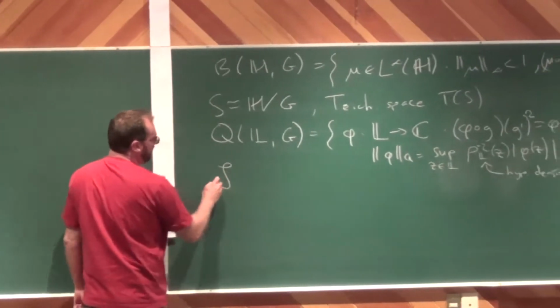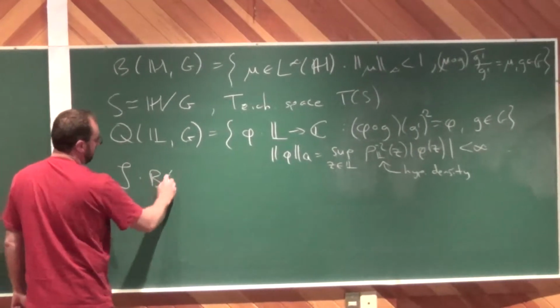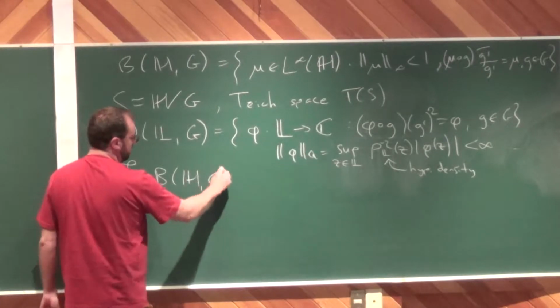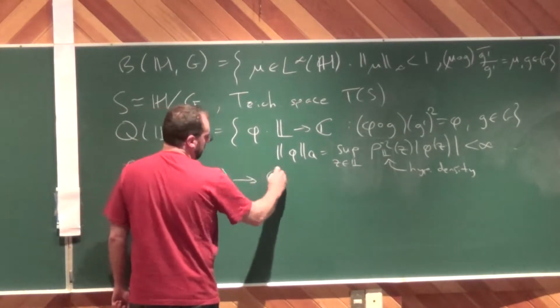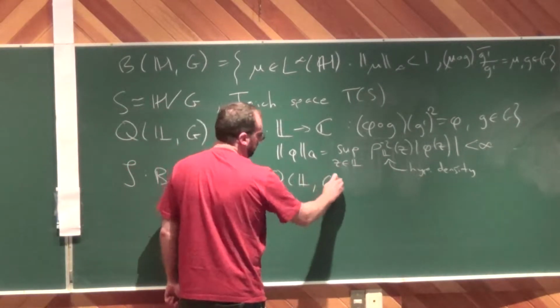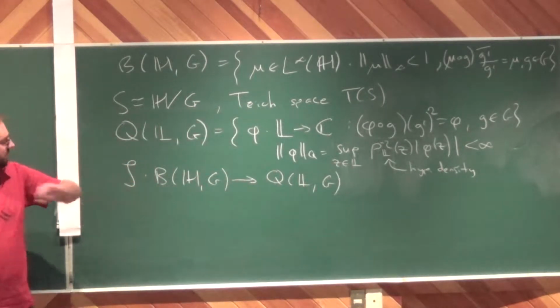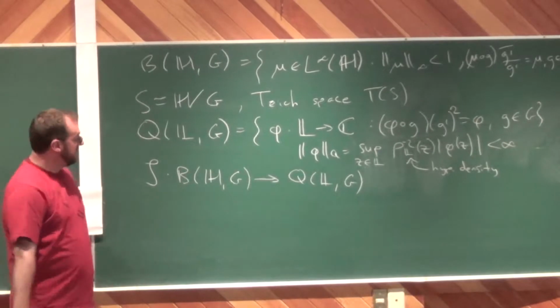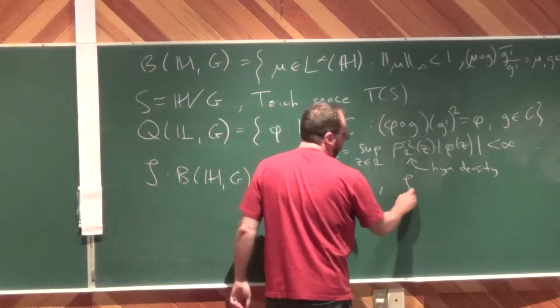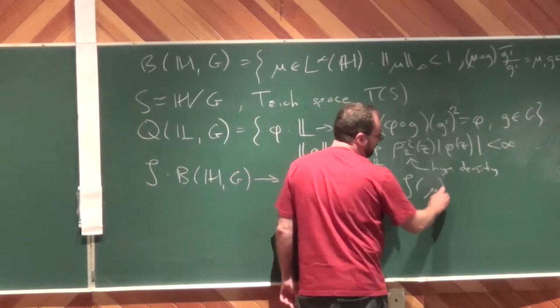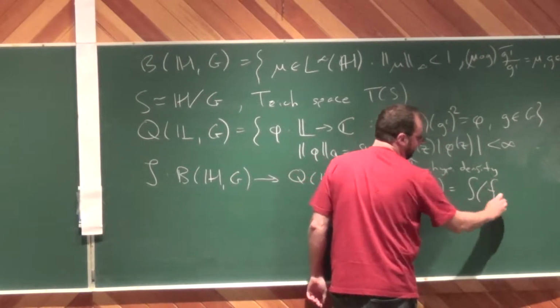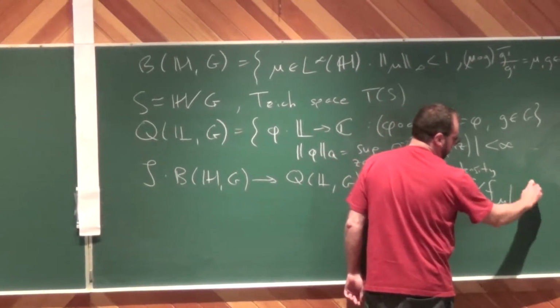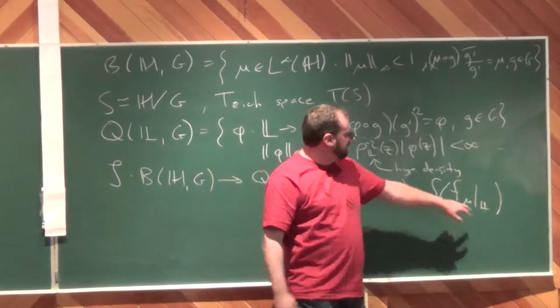Let's call it slightly S. It takes a Beltrami differential and it produces a holomorphic quadratic differential. And script S of mu is the Schwarzian derivative of F lower mu restricted to the lower half plane.